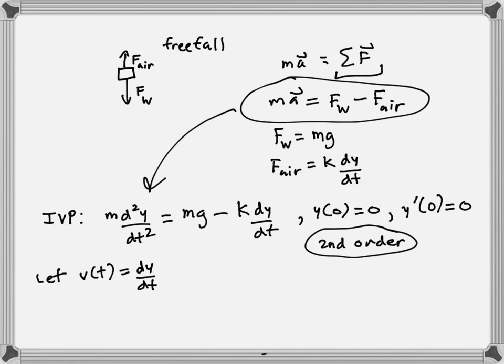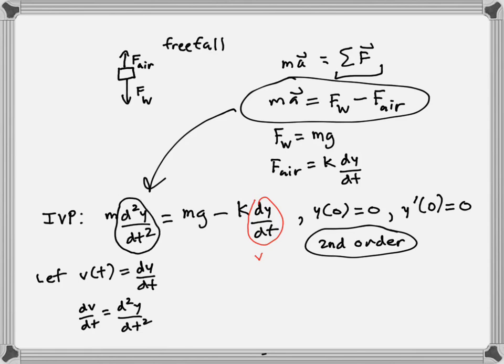This guy becomes v, and doesn't dv/dt just become d2y/dt squared? In other words, the first derivative of velocity is the second derivative of position, and so this now becomes dv/dt.